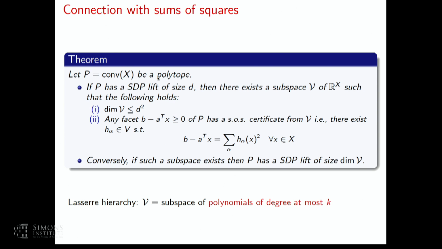Okay, so you can think of polynomials of degree at most 1, 2, 3, 4, etc. on x, and you can try to certify the facet inequalities of P as sums of squares of degree 1, 2, 3, or 4, etc. So this is exactly what the Lasserre hierarchy does: it tries to certify this, and the Lasserre rank of the polytope is the smallest k such that you can certify all the facet inequalities using polynomials of degree at most k.